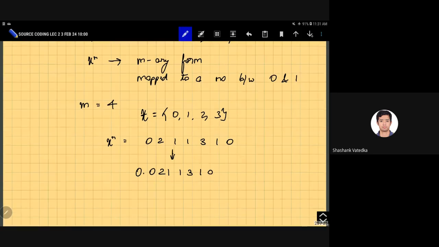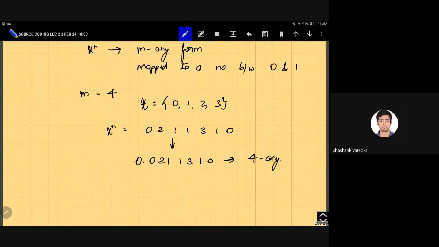This is in quaternary. And this is a number of the form 0.x1, x2 up to xn. So this is going to be between 0 and 1.